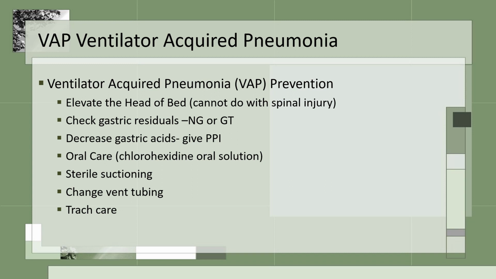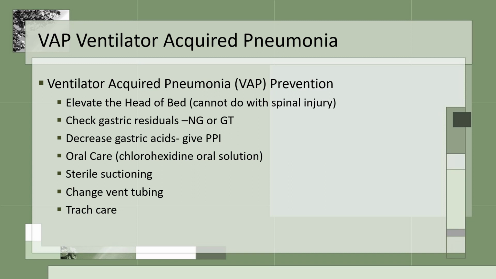Decrease the gastric acids, so we will give them a PPI like Protonix. Oral care. Oral care is done with chlorhexidine oral solution, not Hibiclens or the chlorhexidine you wash their bodies with, but it is a special mouthwash solution, and it will kill the bacteria in the mouth, which can also cause aspiration.